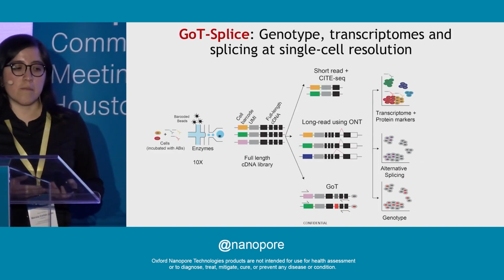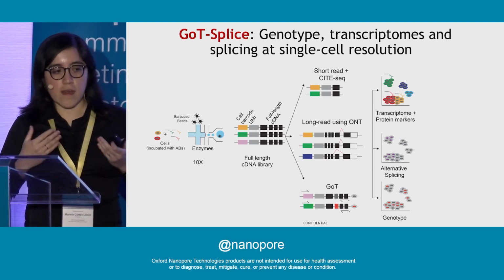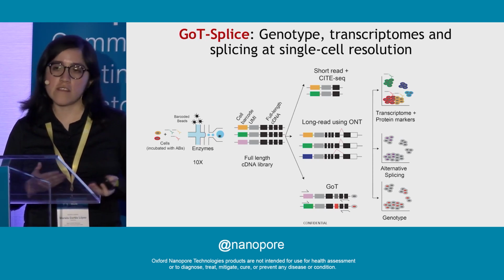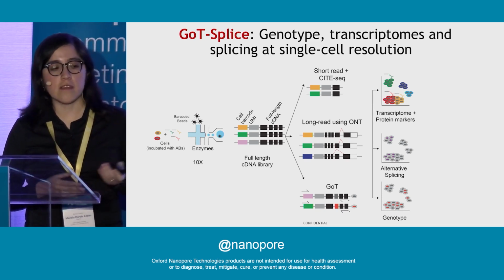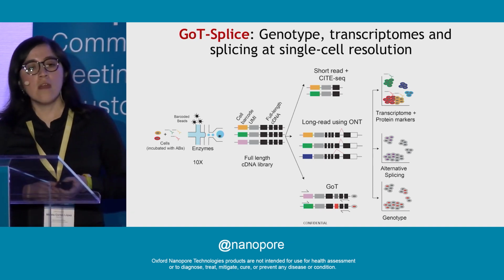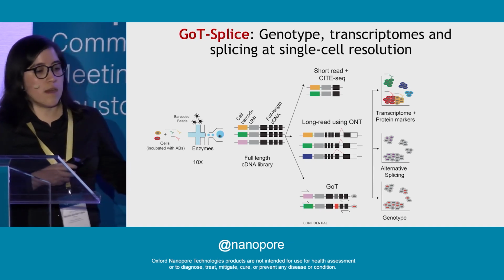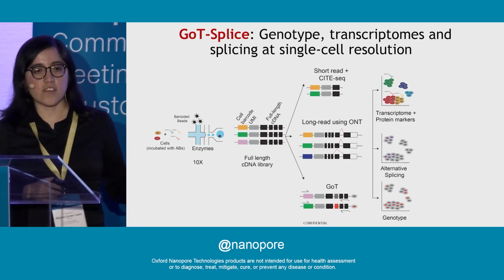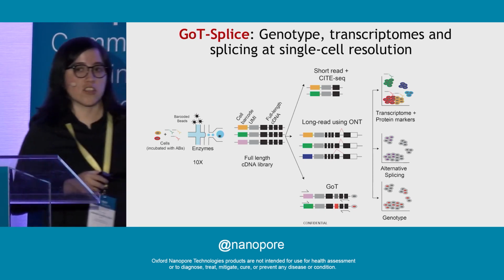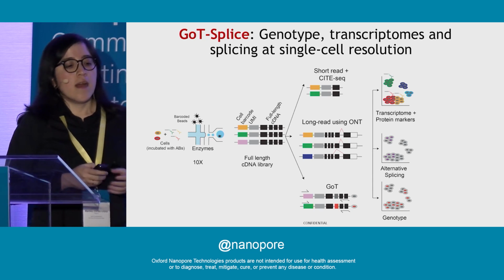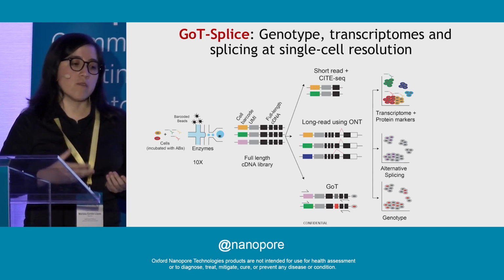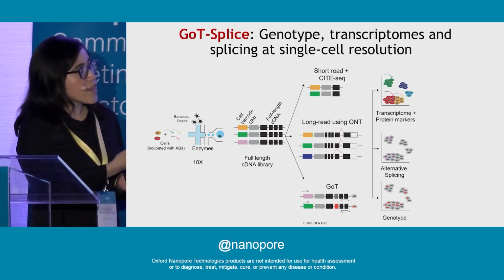With this in mind, we developed GoT-Splice, which is based on a technology that our lab previously developed, called GoT, or genotyping of transcriptomes. GoT basically builds on the 10x Genomics platform in order to amplify a particular mutation of interest. But in this case, on top of this genotyping, we also added long-read sequencing.